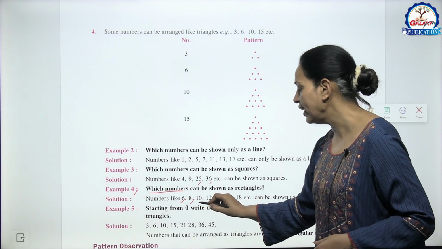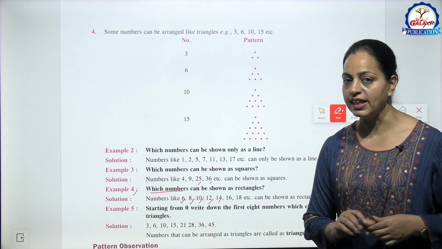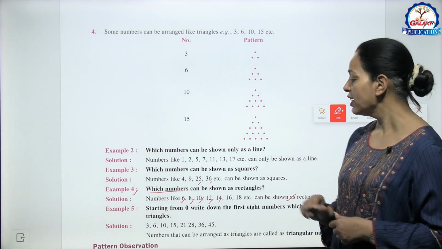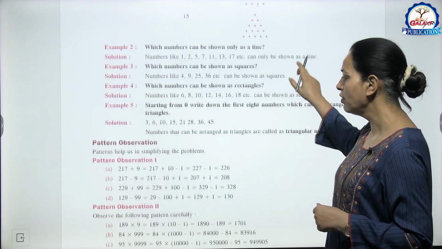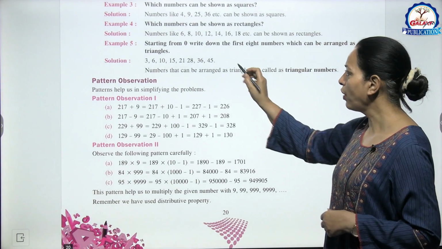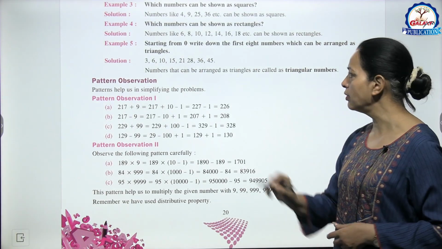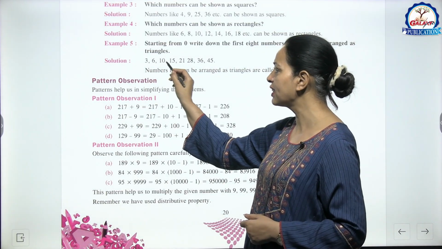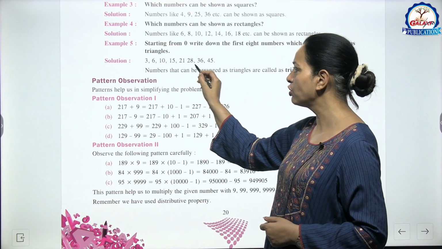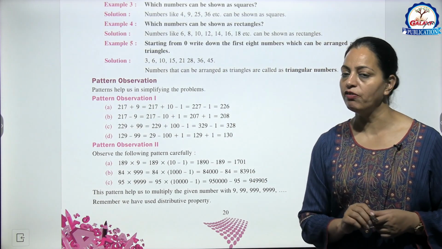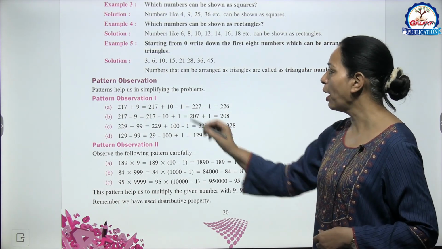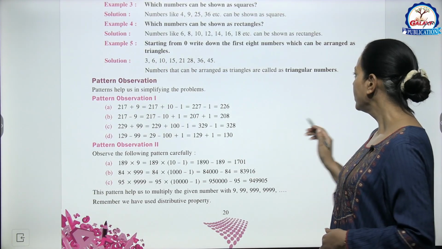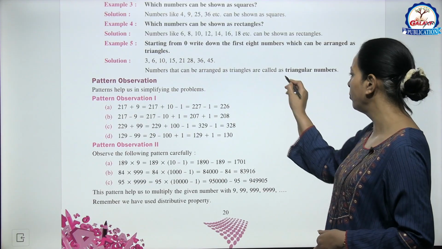Numbers like 6, 8, 10, 12, 14, 16. So these are shown as rectangles, right? Now see example 5. Starting from 0, write down the first 8 numbers which can be arranged as triangles, like 3, 6, 10, 15, 21, 28, 36, 45. Okay. So numbers that can be arranged as triangles are called as triangular numbers.